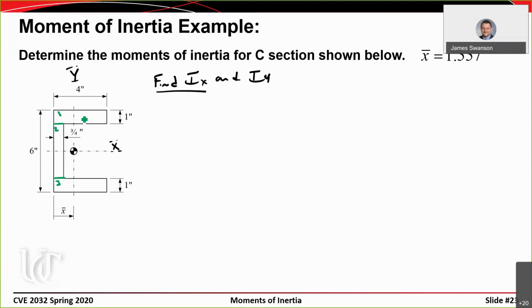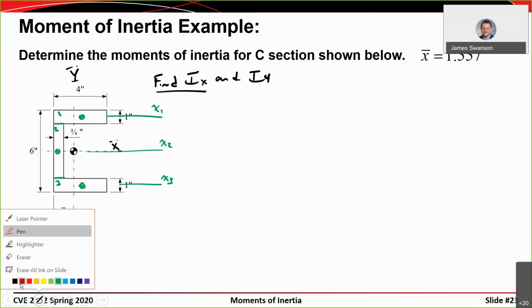And so in doing this, I'm going to have an x-axis here, I'll call it little x sub 1. I'm going to have an x-axis here, I'll call it little x sub 2. And there's an x-axis here, I'll call it little x sub 3. So I have these centroids of these local areas. If I had a sharper pen, I could make that look better, but I don't.